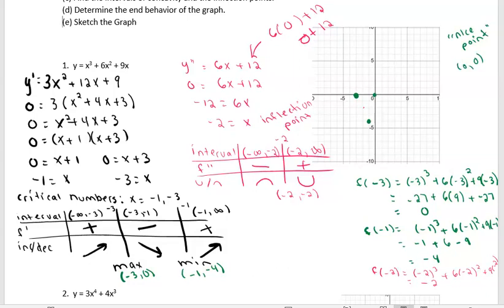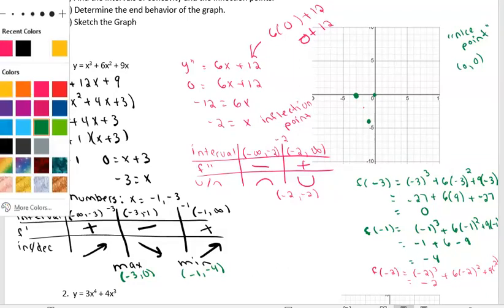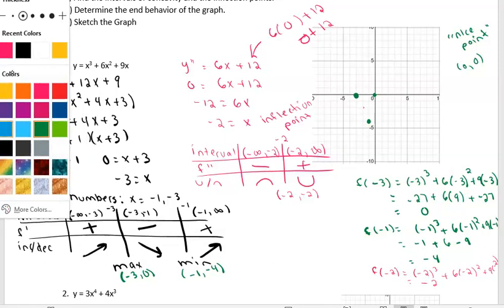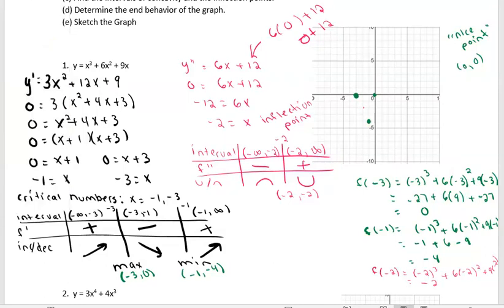Now let's check the end behavior. Let me get a new color. How about this one? Let's check the end behavior. So the end behavior means that we need the limit as x approaches infinity, and we need the limit as x approaches negative infinity. So let's look back here at our original equation. If we pick values that are approaching infinity for x, so bigger and bigger, what's going to happen to y?